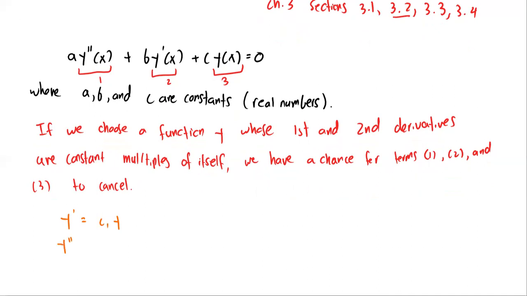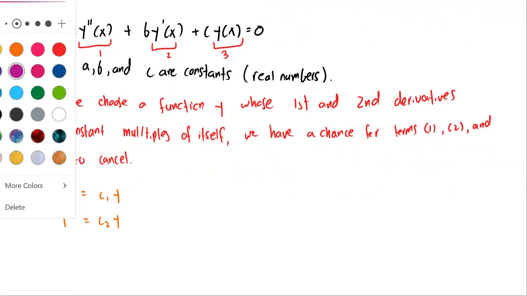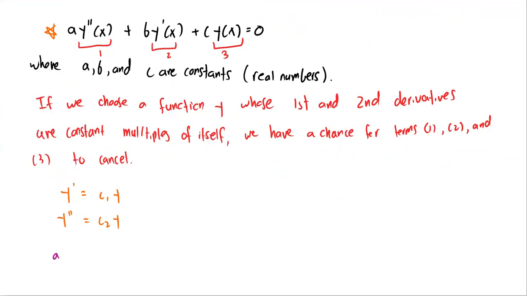And we also want the second derivative to be a constant multiple of itself, c2 times y. So what happens if we plug this into the differential equation? So we get a times c2 y, right? Remember, this is y double prime, plus b times c1 y. This is y prime, plus c y equals 0.